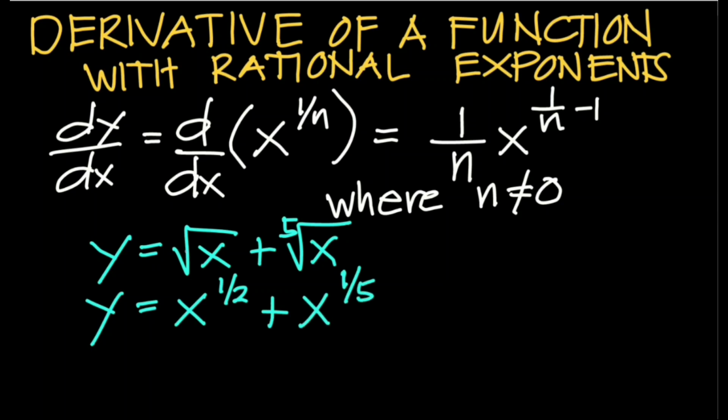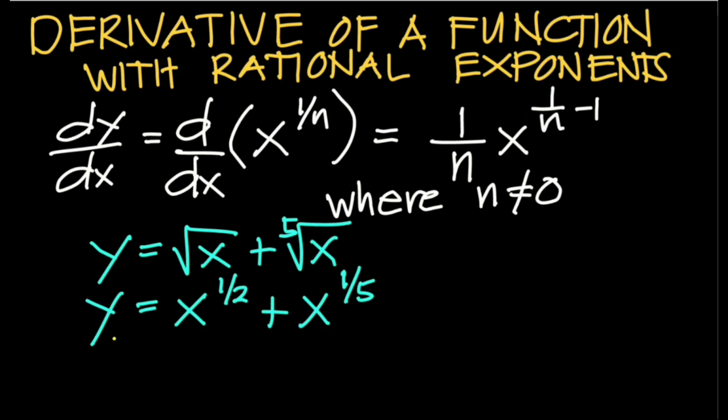So take note here that when we write the radical into its exponential form, the root, let's say here square root, the root is 2, that would be the denominator of the exponent. And in this case we have fifth root. That's why our x here is raised to the power of 1/5.